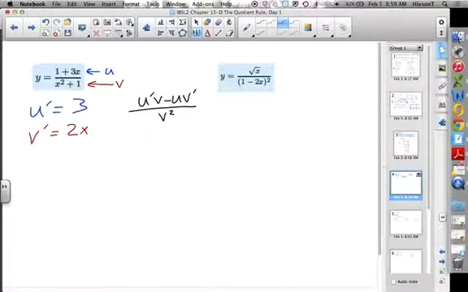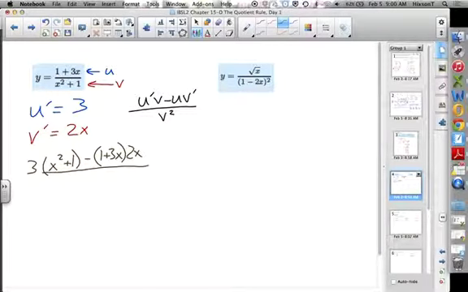So let's plug it in. U prime V minus U times V prime all over V squared, so x squared plus 1 squared. So we should simplify the numerator here.